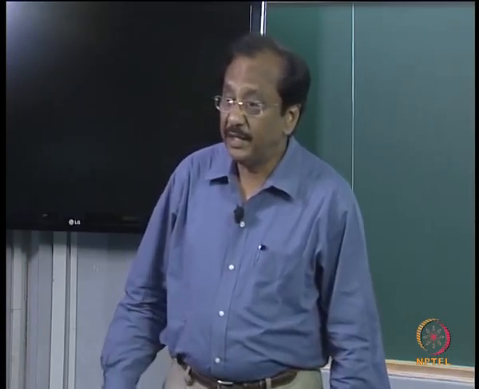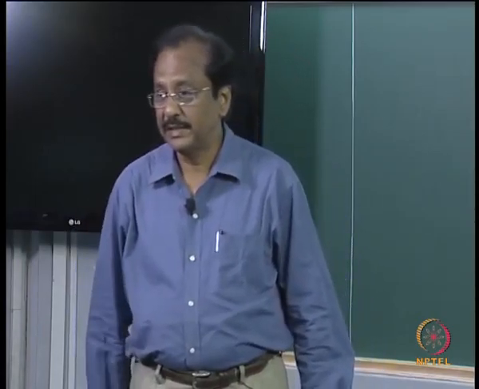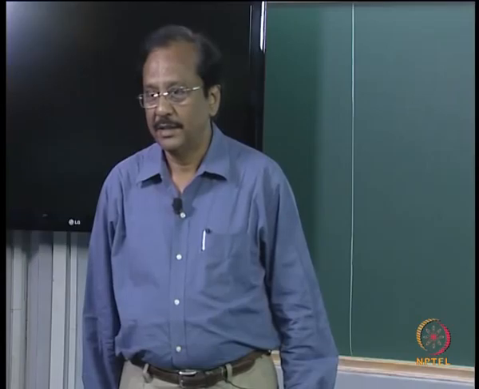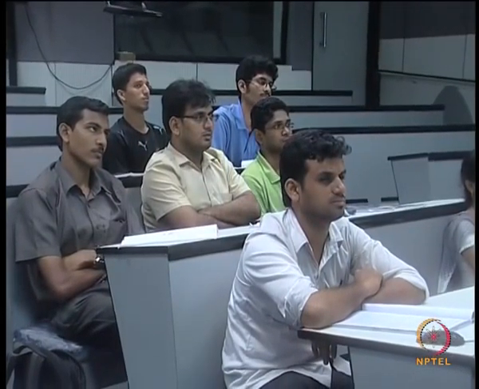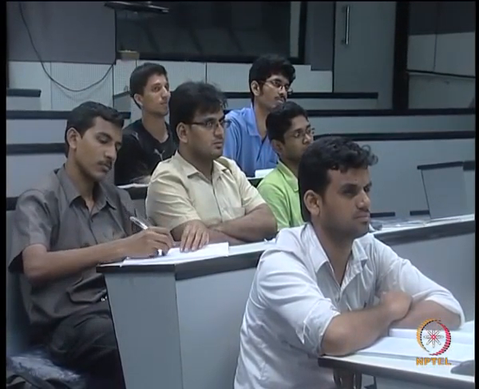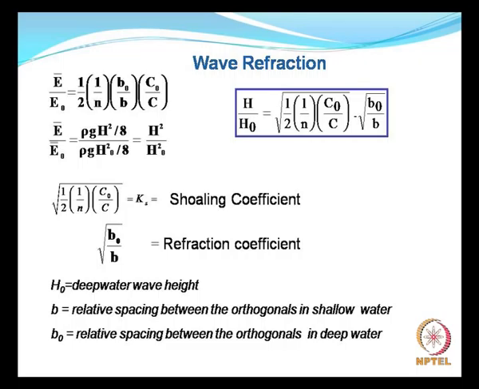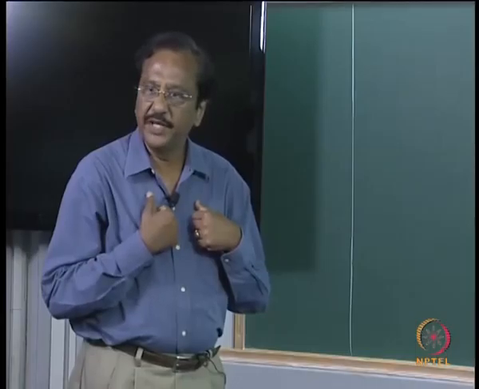What happens if the refraction coefficient is greater than 1? Look at the refraction coefficient, which is B naught by B. If it is greater than 1, B naught, that is the distance between the orthogonals in deep waters, is higher.